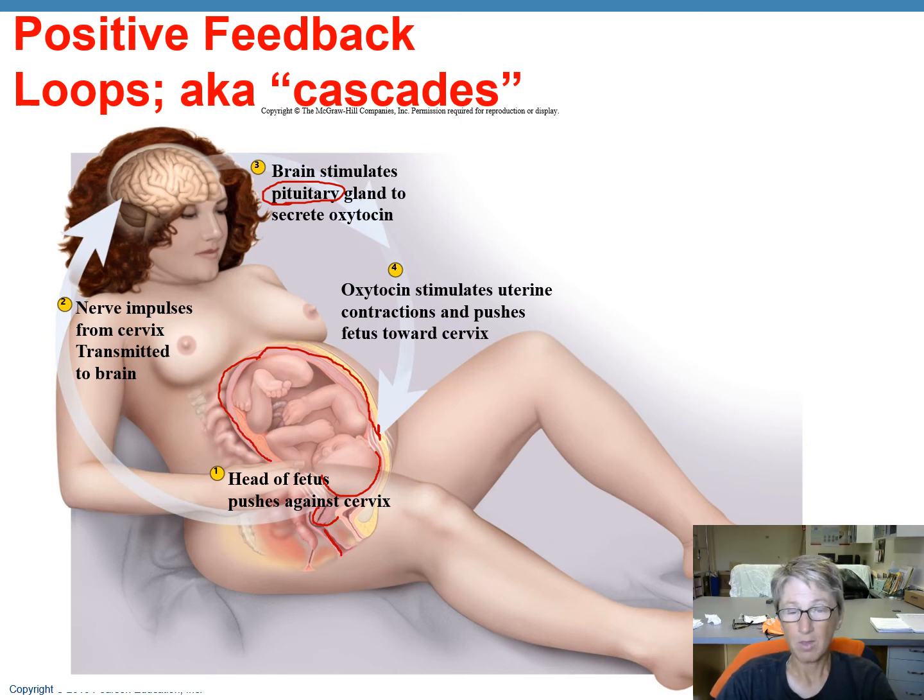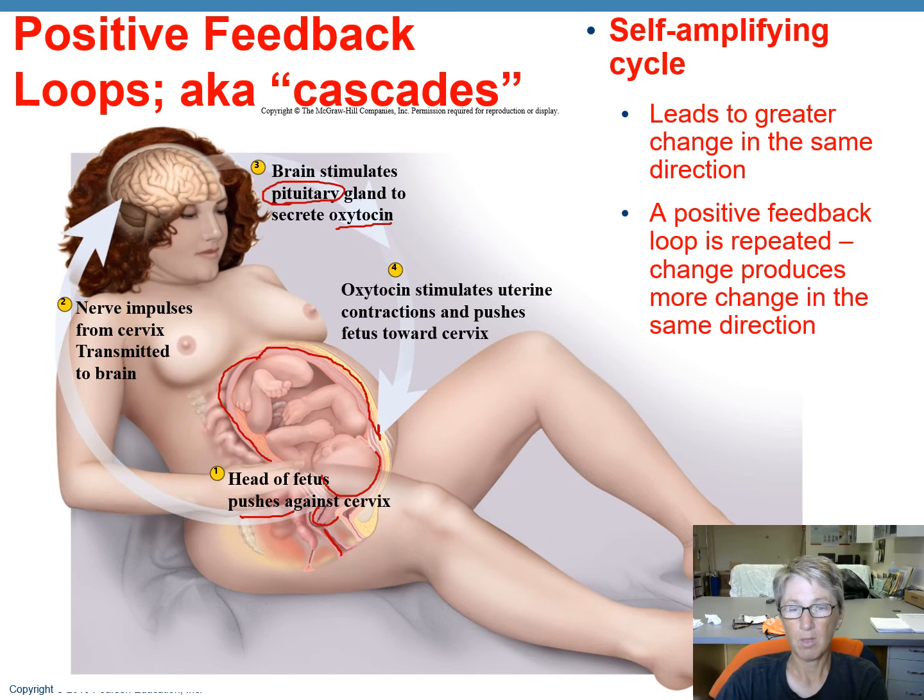What happens is, when you're contracting the uterus, it pushes the head even harder against the cervix. That sends even more nervous impulses to the brain. That causes even more release of the hormone oxytocin. Oxytocin then travels to the uterus, tells even more smooth muscle cells to contract. So this is a positive feedback loop. And it doesn't stop until the fetus comes out of the vaginal canal.